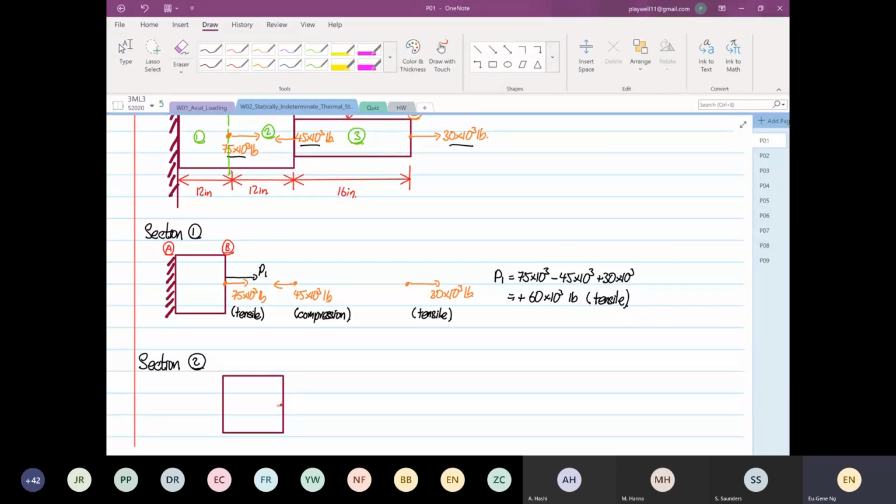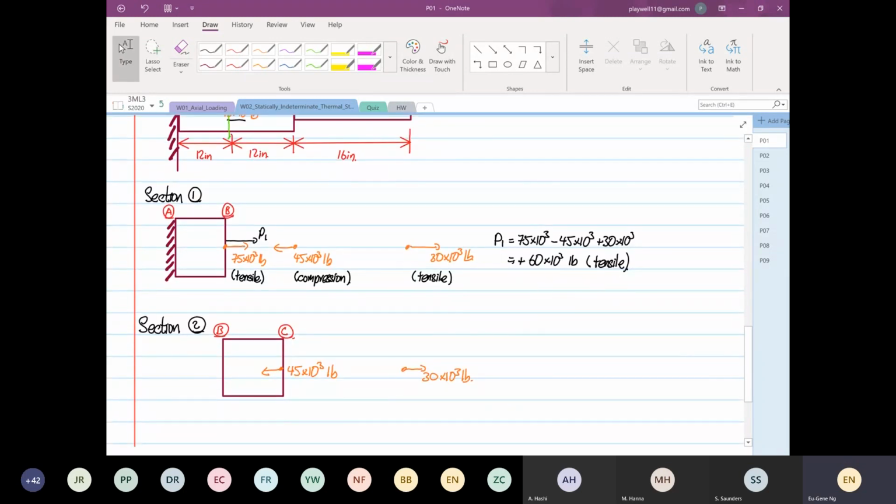We see over here 45 times 10 to the power 3 pounds, and then we are going to see the 30 times 10 to the power 3 pounds. Okay, so over here this is point B and this is point C. So section 2, P2, we now know that 45 will still induce a compression, and then 30 is going to induce a tensile.